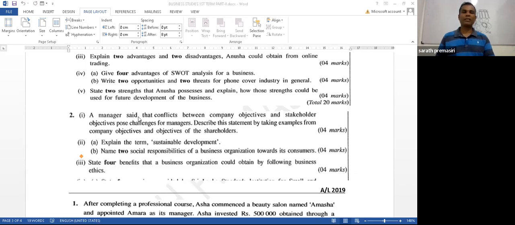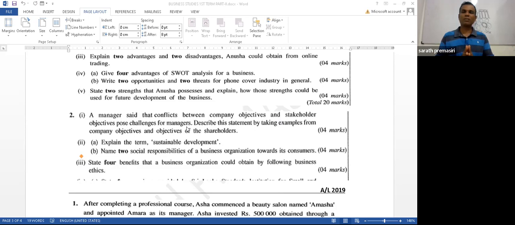A manager said that conflicts between company objectives and stakeholders' objectives pose challenges for managers. Now this is what you have to understand. Different stakeholders of the business have different objectives.